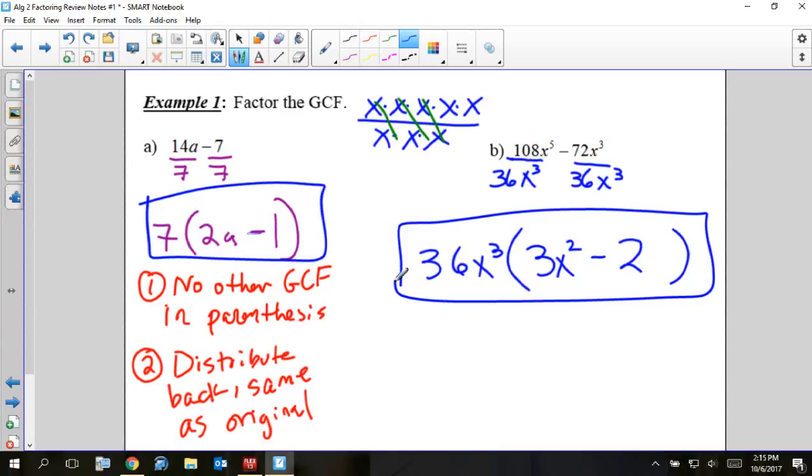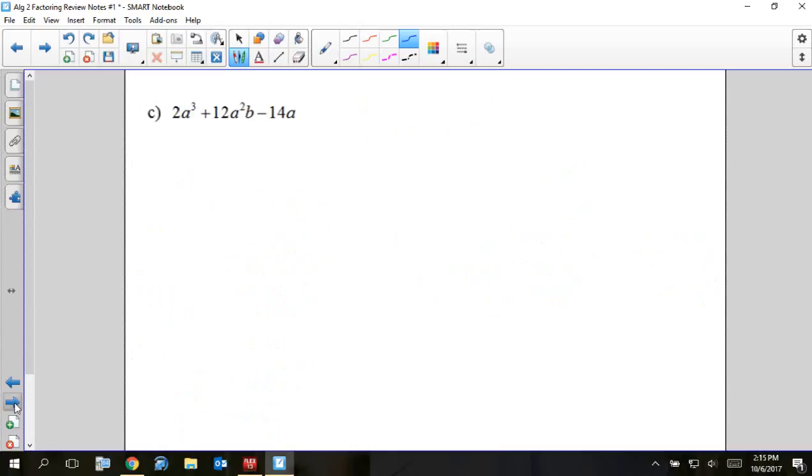Okay? One more. Greatest common factor. Take a moment. I'm not going to say it out loud. You're not going to say it out loud. Figure out what you think the greatest common factor is, and you're going to have to write it down because I can't read your mind.